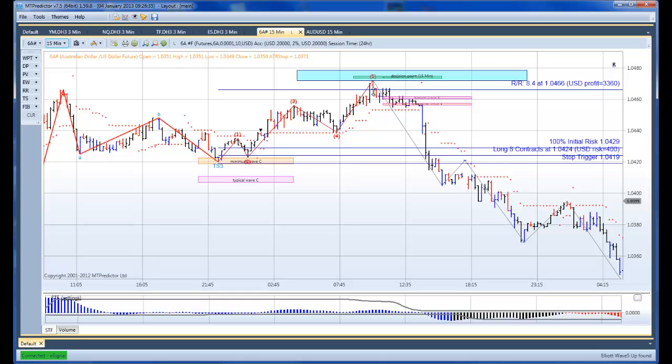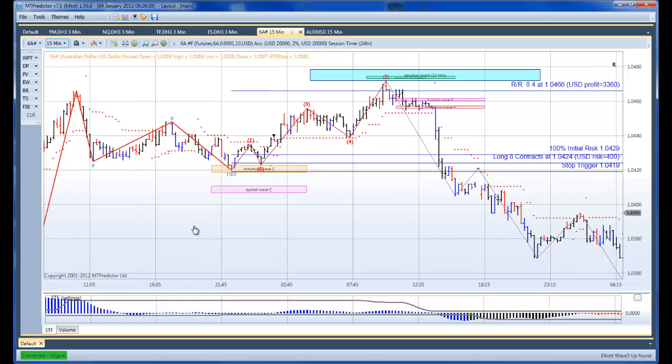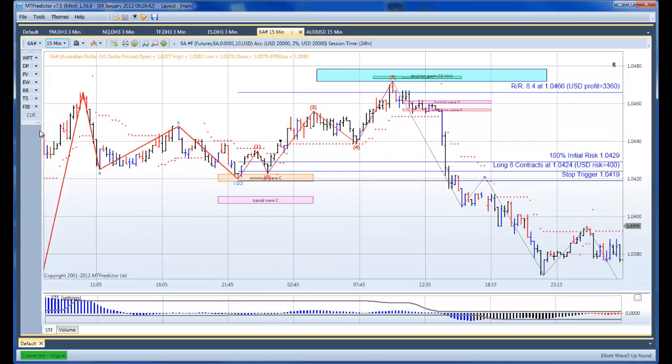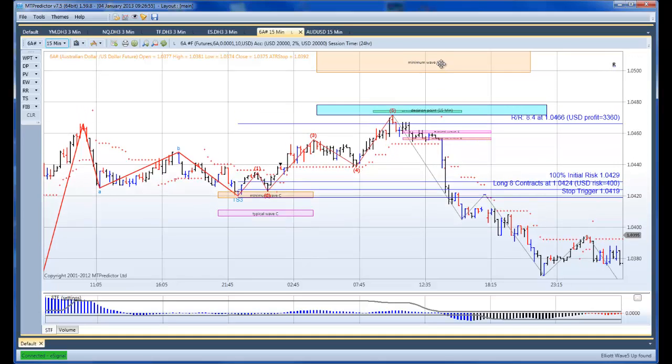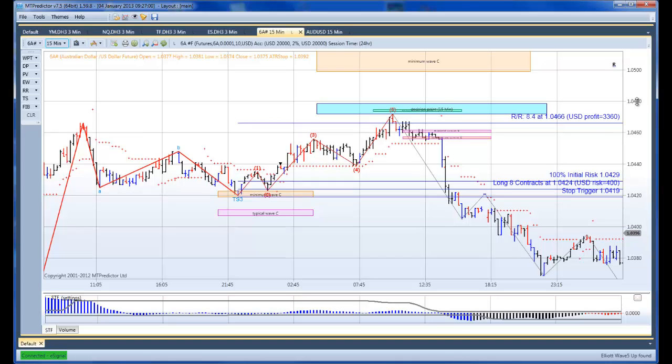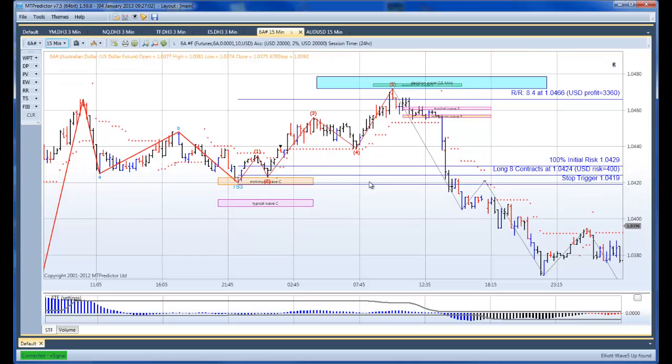I thought this was a very good trade setup to share with you guys, because not only was it a great example of a standard MTPredictor trade setup, remember, STF is blue, therefore we look for long trade setups, but it also showed how the customer used a bit of common sense to know that in this particular example on the 6A the first target was too far away, so he looked for a slightly closer target, and that closer target was the DP off that prior high.